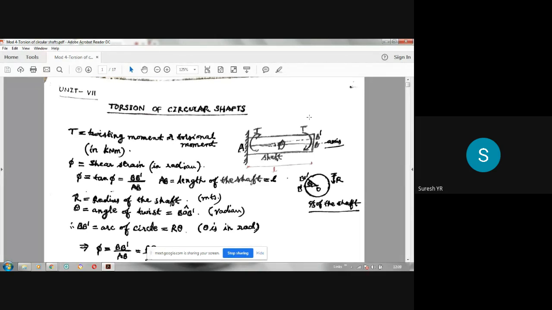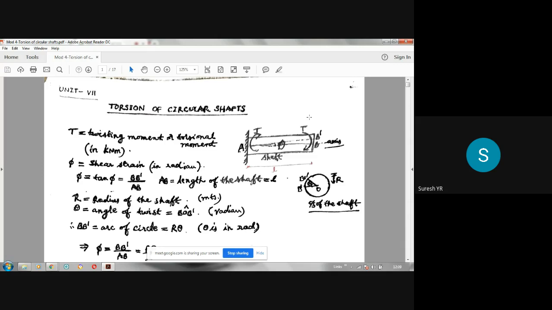Depending on the type of the material, you have different values of stresses that are going to be induced in the member. Then we discussed the compound stresses, bending moment diagram, and shear force diagram. Then bending stress and shear stress, bending compressive, bending tensile, as well as shear stress distribution, how it varies across the cross section. So those things we have discussed.